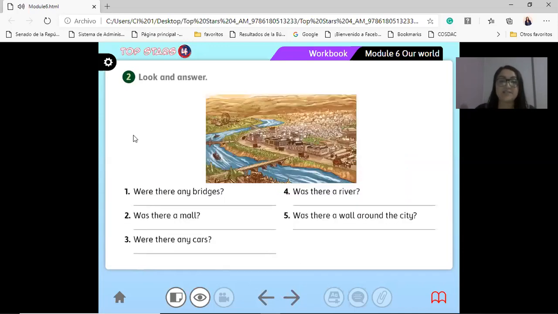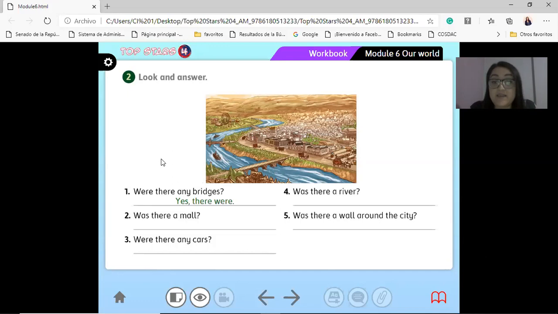Let's see this picture. Look at the answers. Look and answer. We have a picture and we have some questions. Were there any bridges? ¿Hay algunos puentes? What do you see in the picture? ¿Qué vemos en la imagen? Yes, they were.